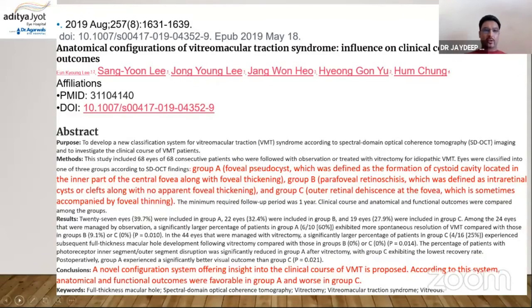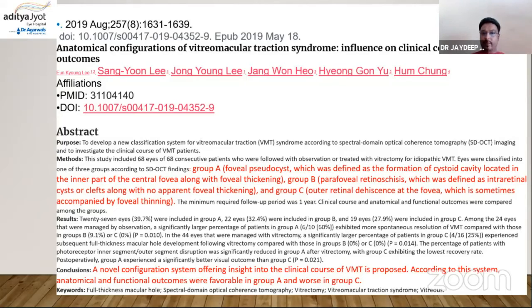But recently there was a group which classified it slightly differently, in Graefe's journal in 2019. What they proposed is a group A where there is a foveal pseudocyst, defined as a formation of a cystoid cavity located in the inner part of the central fovea, along with some foveal thickening.